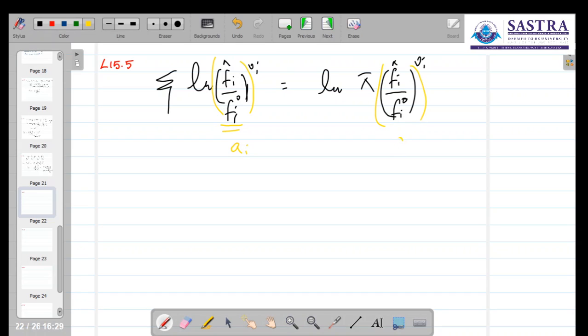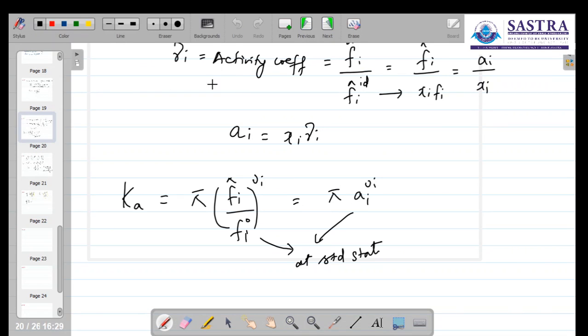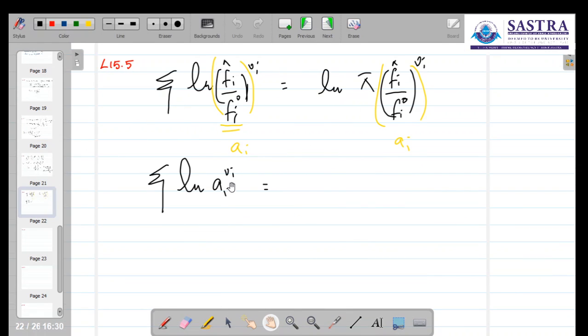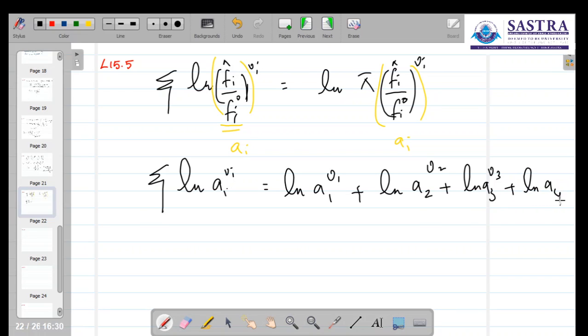So this expression becomes sigma of ln a_i raised to their stoichiometry, which essentially means, for this reaction system involving 4 components as we showed, we can write it as ln of a1 raised to the stoichiometry of the first, plus ln of a2 raised to the stoichiometry of the second component, ln of a3 raised to the stoichiometry of the third component, and ln of a4 raised to the stoichiometry of the fourth component.